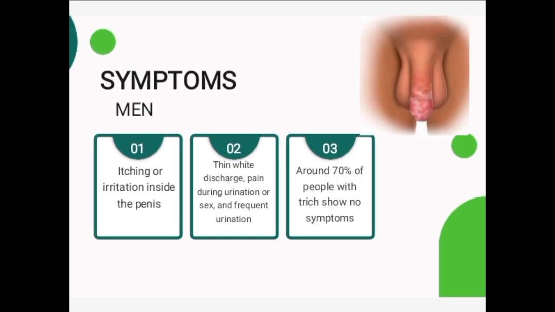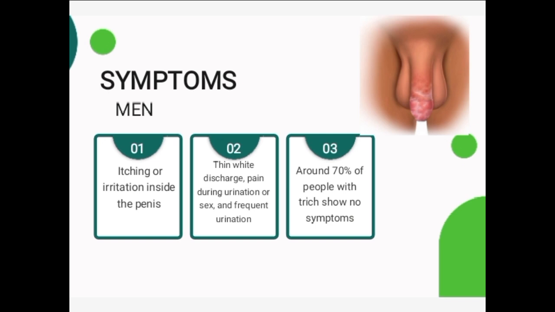In men, itching or irritation inside the penis, thin white discharge, then just like women, pain during urination or sex, and frequent urination. As I said earlier, around 70% of people with this disease show no symptoms.